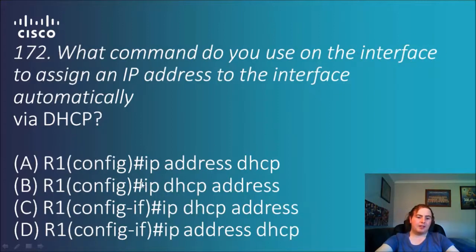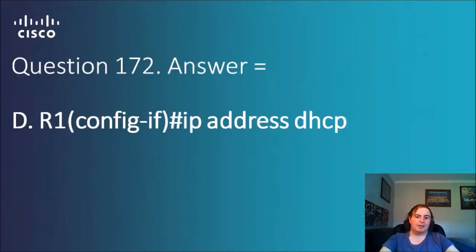So we have to be in interface mode in the configuration mode, so it's not going to be any of these two, so it's only going to be these two. We've got C, IP DHCP address, and then IP address DHCP. Again, this one is simply knowing the syntax, and the answer is D.